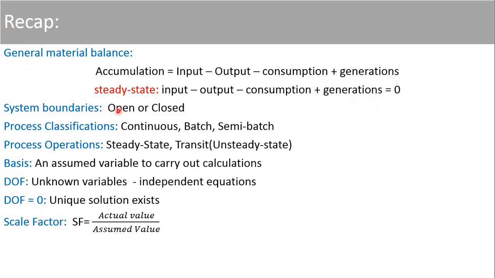System boundaries are either open or closed. The process classification is continuous, batch or semi-batch. Process operation is steady state or transient.